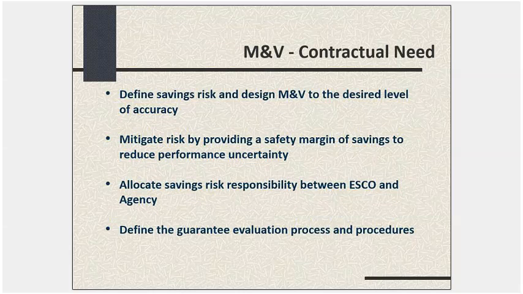So the contractual need, once you shift out of the engineering focus, is a definition in the contract of the level of accuracy that is required, and also the safety margin that we talked about earlier. What's an acceptable range of performance uncertainty?